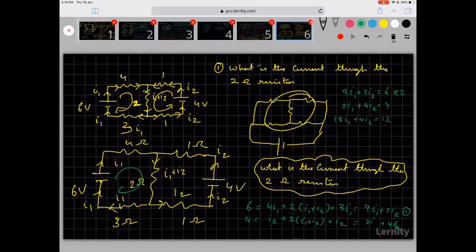Already I have 2I1 plus 4I2 is equal to 4. So I will subtract them. If I subtract them, I'll get 16I1 is equal to 12 minus 4, that is 8. So I1 is equal to 1 by 2 ampere.